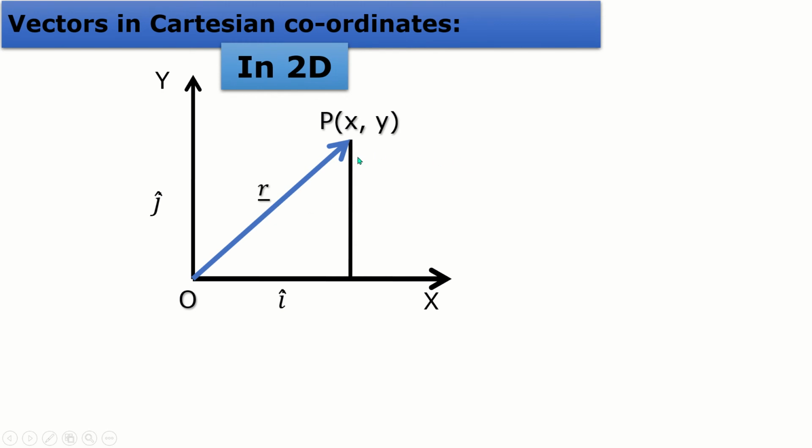Now by drawing perpendiculars, this is a Cartesian coordinate system, so from here to here this measurement will be x, and from here to here this measurement will be y.